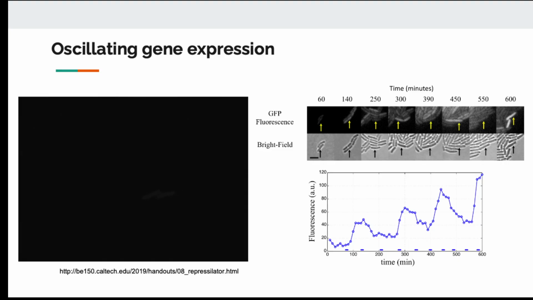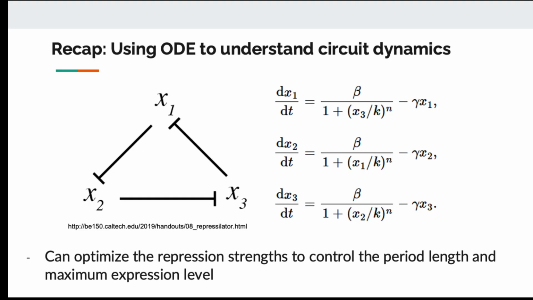So this is a cool kind of circuit design that is possible. And just to recap from the lecture a while back, we learned about differential equations. If you want to understand the dynamics of this circuit, where three genes replace each other in a cycle, we can write the change in gene or protein expression over time using a similar equation to what we did last time.